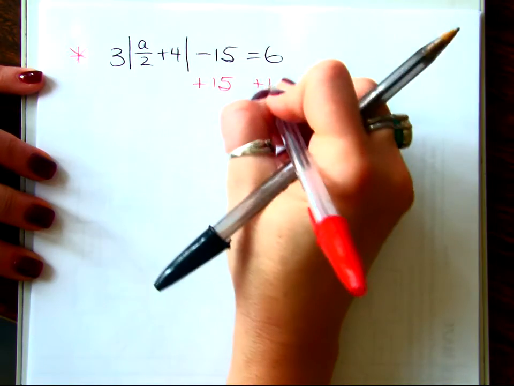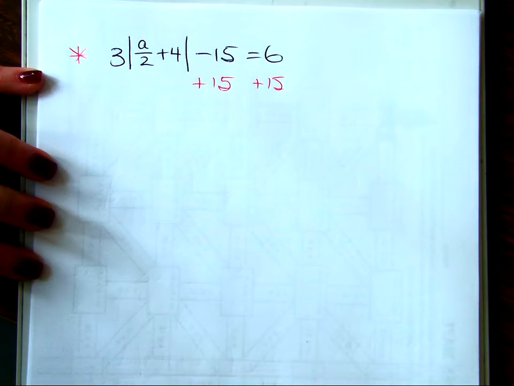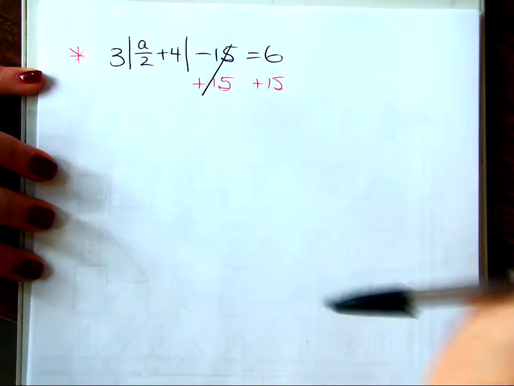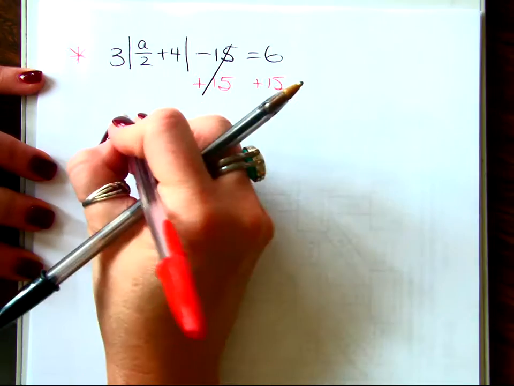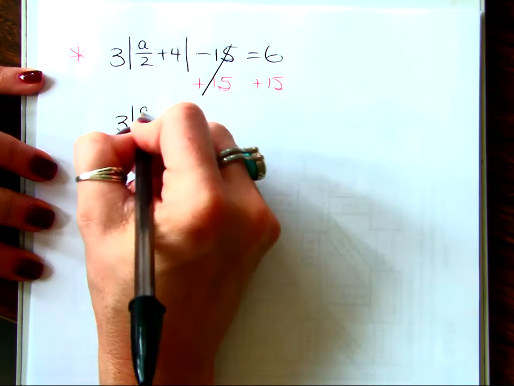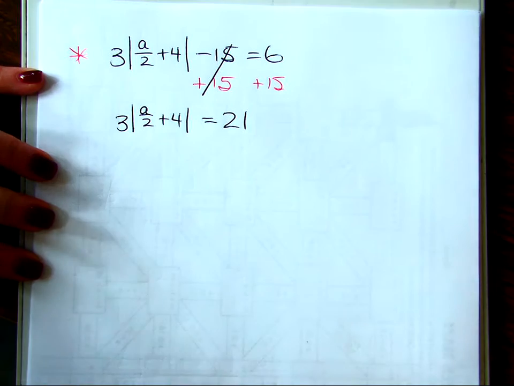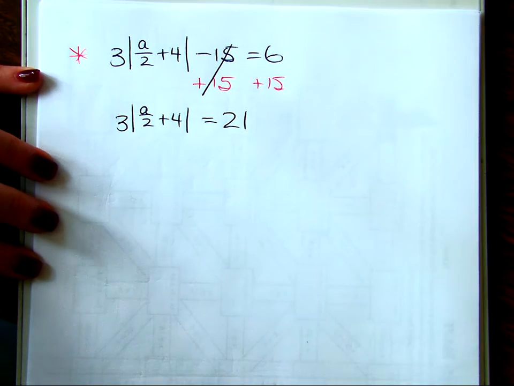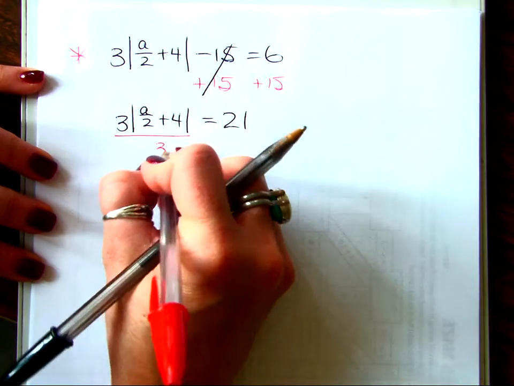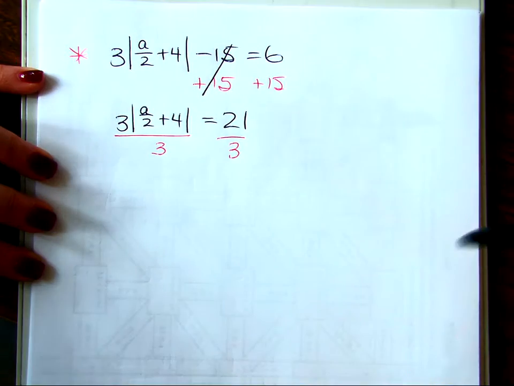Because everything's backwards when you solve an equation, right? So get rid of that first. That leaves you with your 3 and your a over 2 plus 4 equaling 21. And right before adding and subtracting on order of operations comes multiplication and division. So you'll get rid of that next.